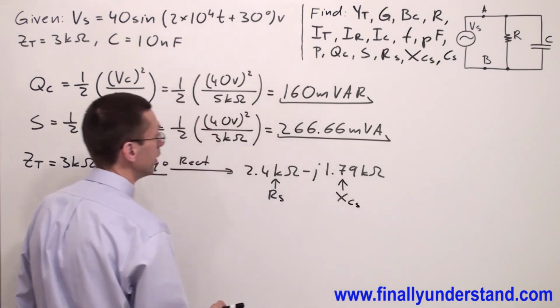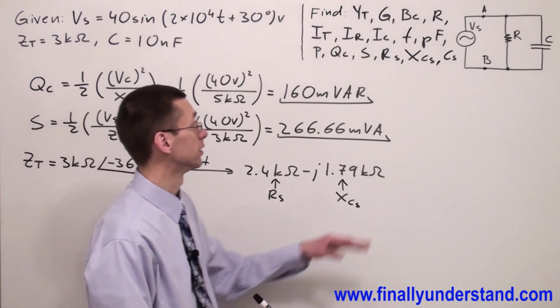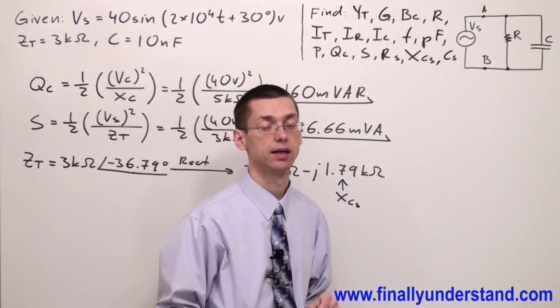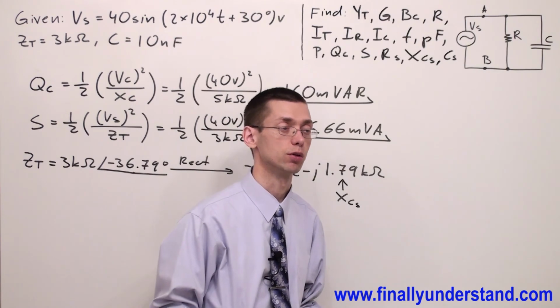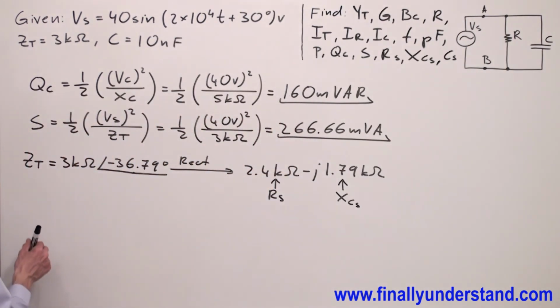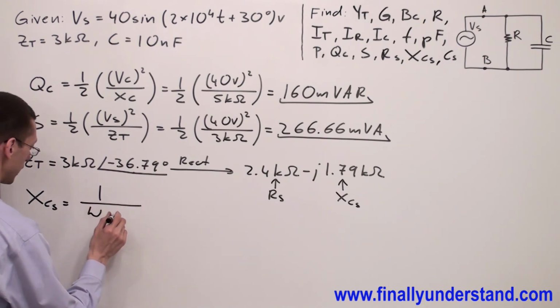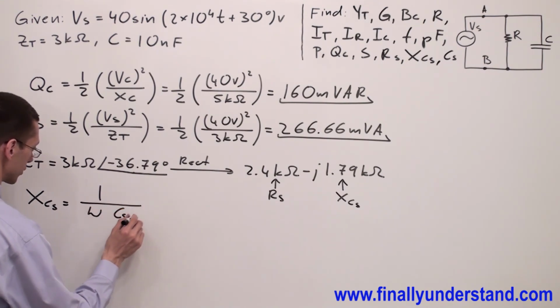The problem is also asking me to find the capacitance in the series equivalent circuit. So I have to use the formula for capacitive reactance, which says X of Cs is equal to 1 over omega Cs.